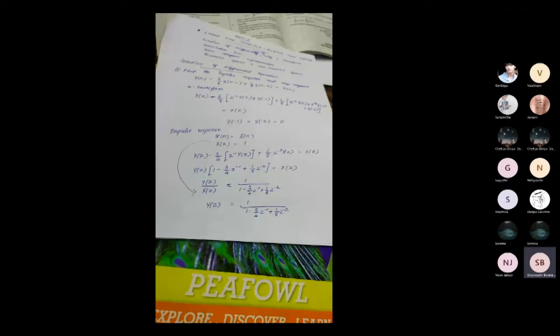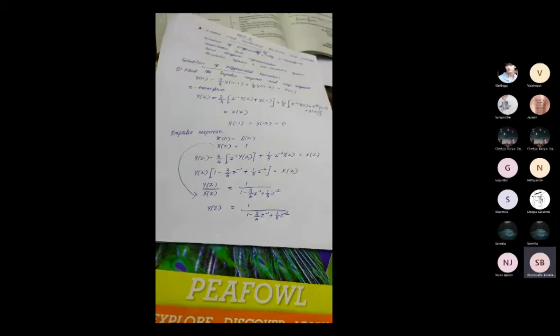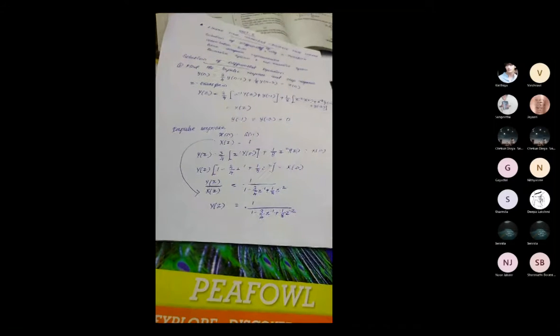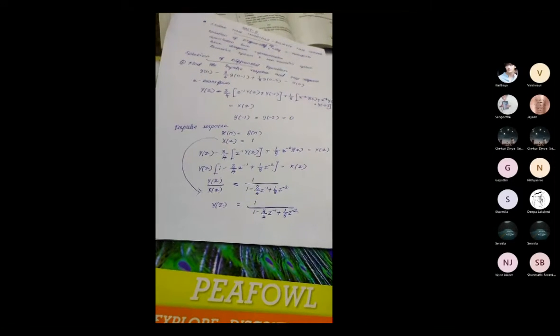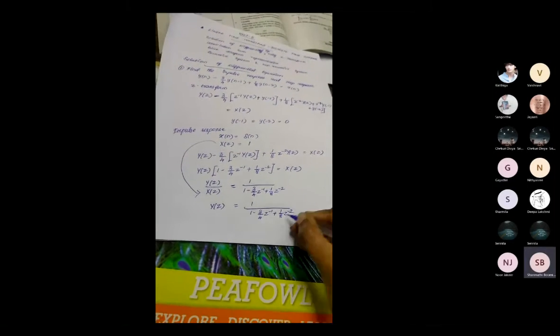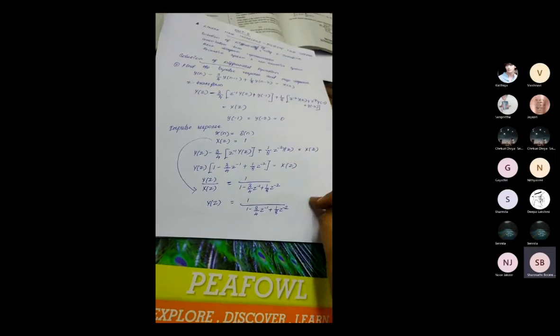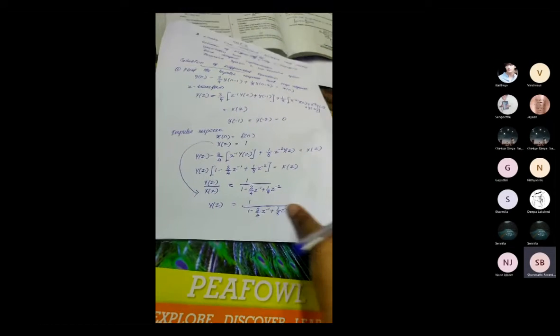What is the higher term here? Z power minus 2. So you have to multiply by Z square in numerator and denominator. Okay.